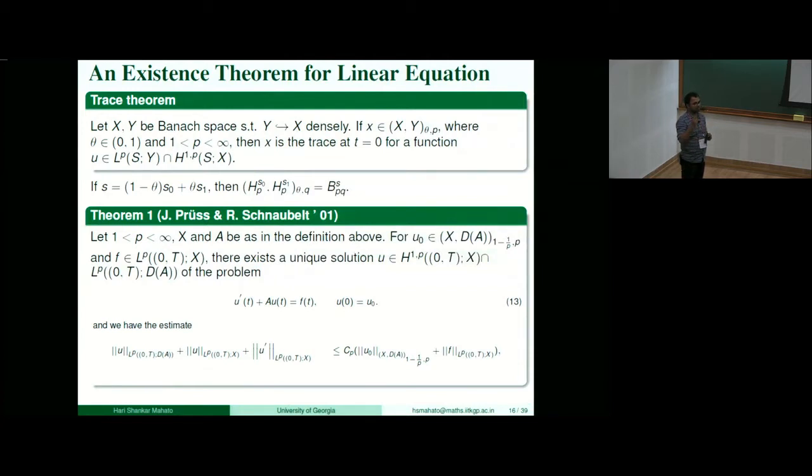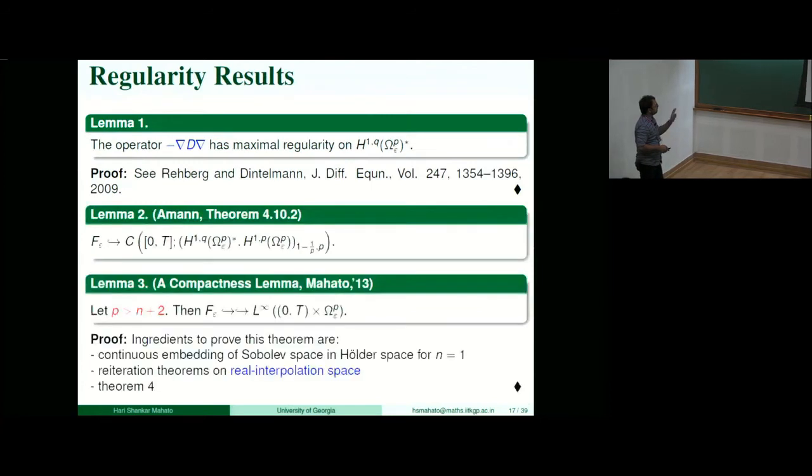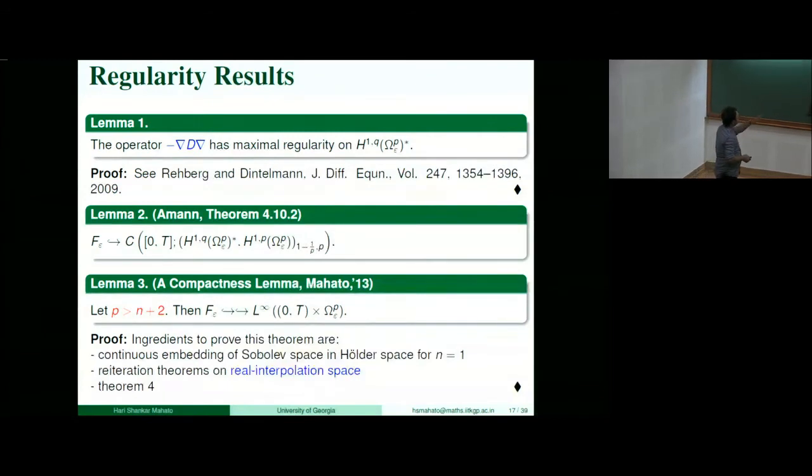It will not be one space less regular. So we needed this tool as well, and these are some technical lemmas. Our elliptic operator has maximal parabolic regularity, and these are some embedding theorems which we needed somewhere down the line to prove some results.